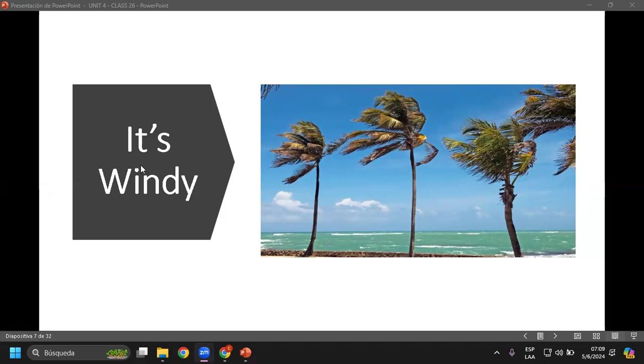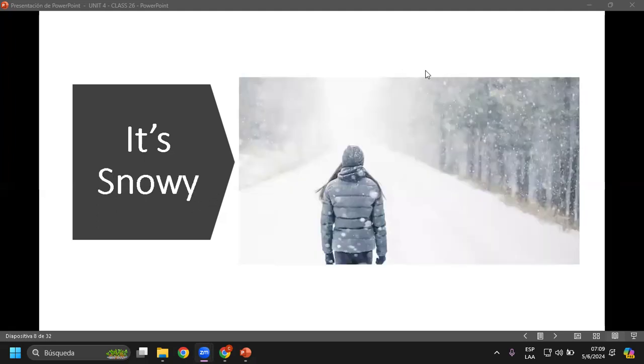So, how is the weather? The weather is windy. Now, what else? What's the weather? Look at the picture here. Ah, it's snowy. What is snowy? Nevado.